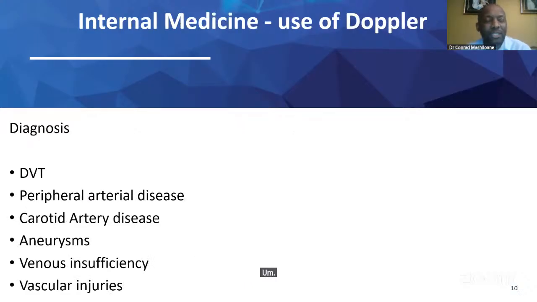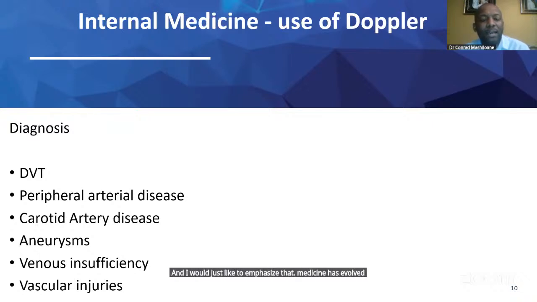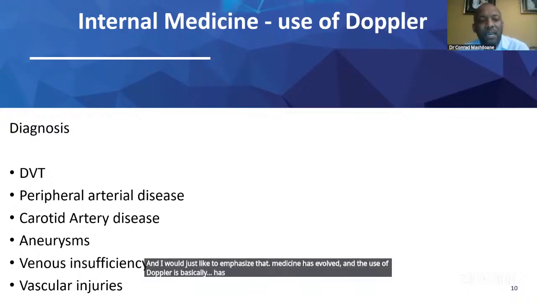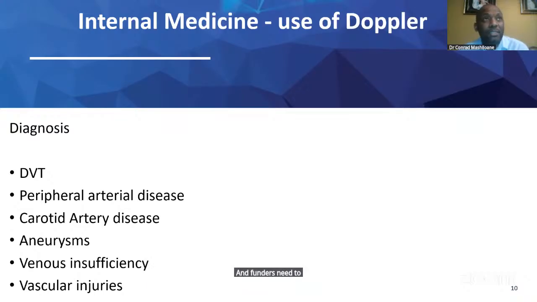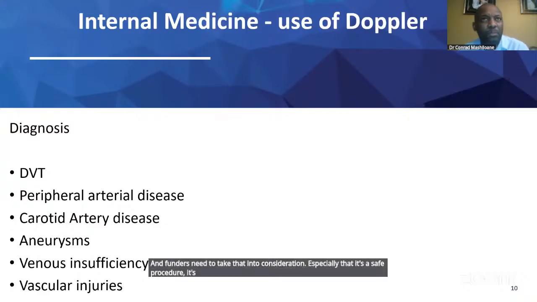And I'd just like to emphasize that medicine has evolved and the use of Doppler has increased, and funders need to take that into consideration, especially since it's a safe procedure. It's relatively cheap as compared to doing an invasive procedure or doing imaging using CT scan or MRI.